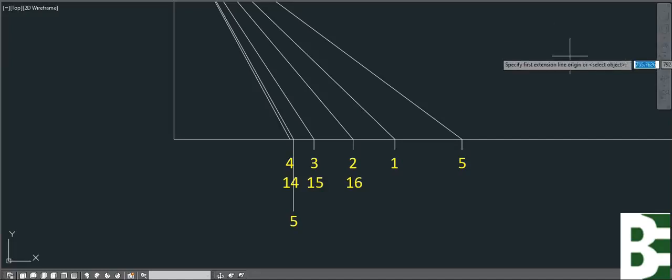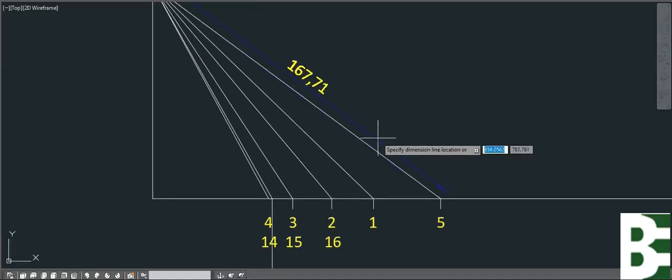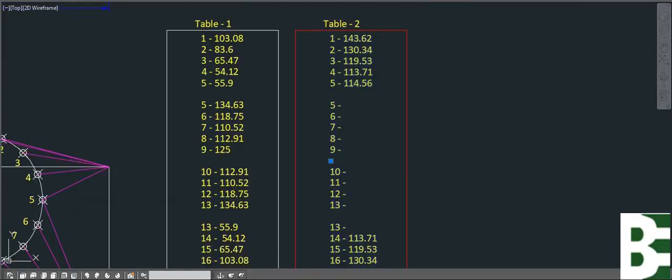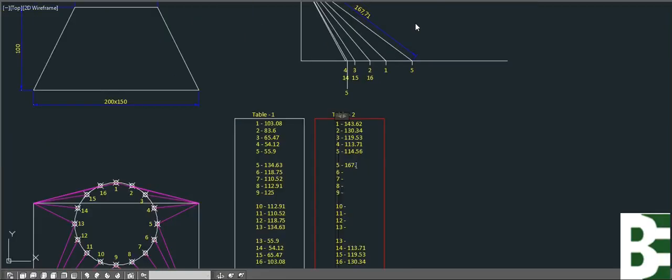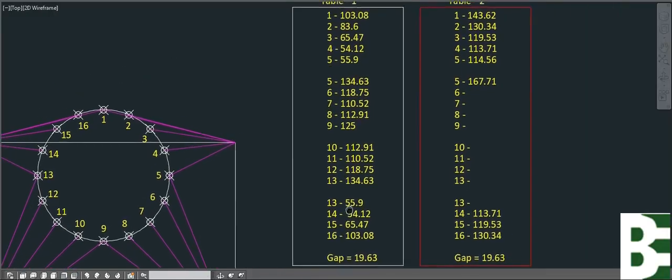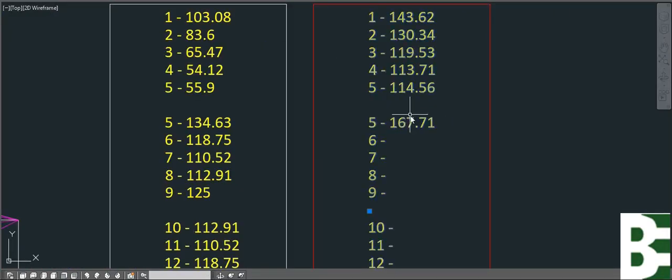This is the second number 5. I draw a radius from the corner. It is touching here, and I will mention this number 5 in my table. Now look, this 5, 5 and 13, 13 are similar.